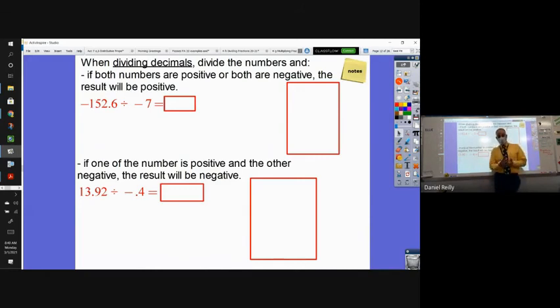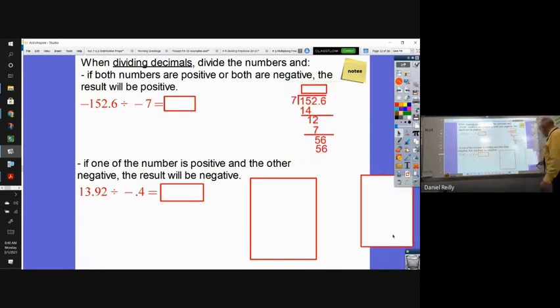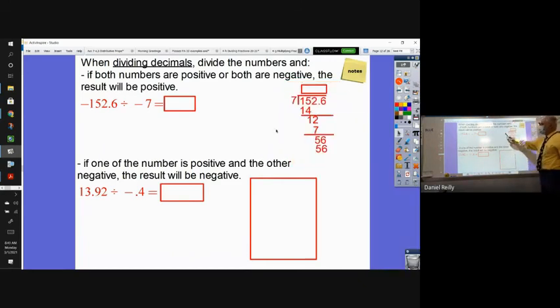Is it going to be more than 13 times or less? Way more. Okay, when you divide by a decimal, with no number in front, just like when you divide by a proper fraction, your answer is going to be bigger because those little fractions go in many times into a bigger number.